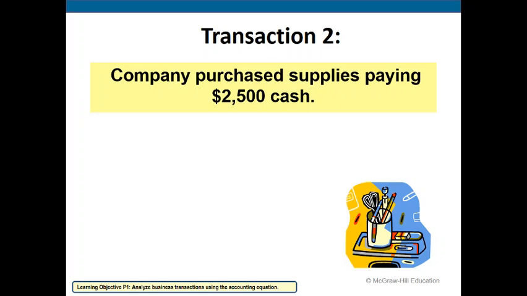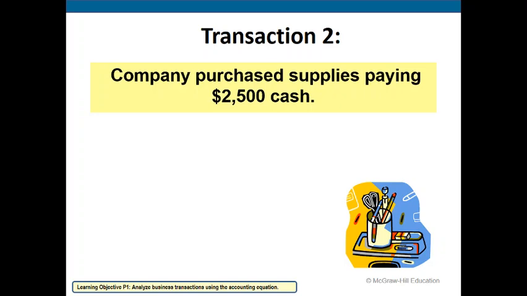Transaction 2, company purchased supplies paying $2,500 of cash. Now, what accounts are affected here? Tricky.